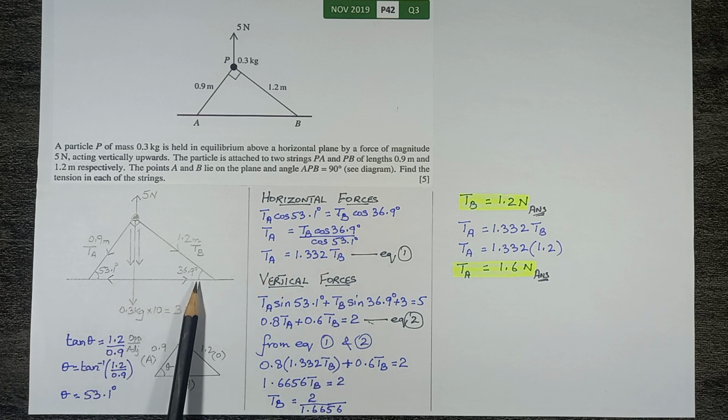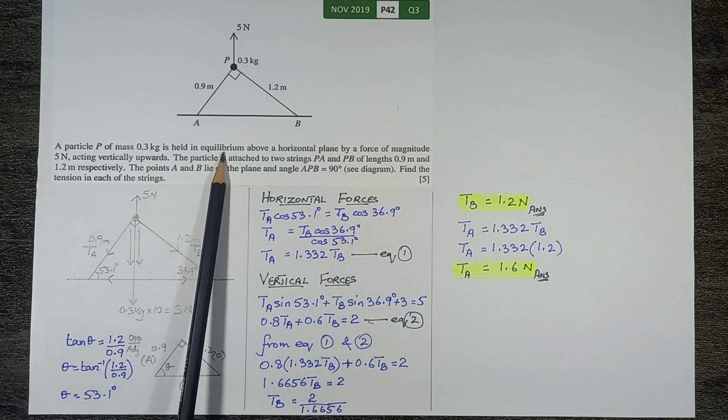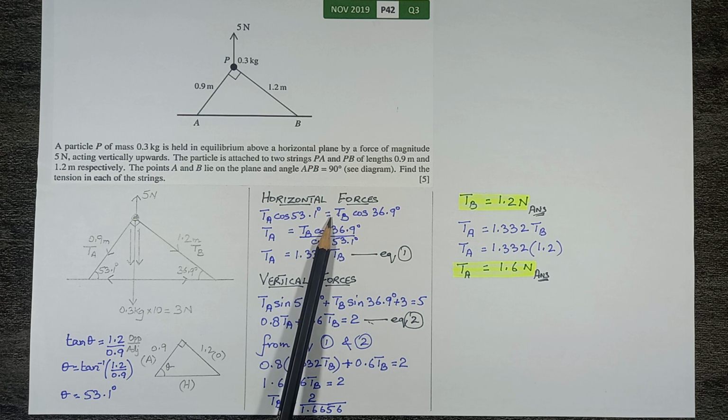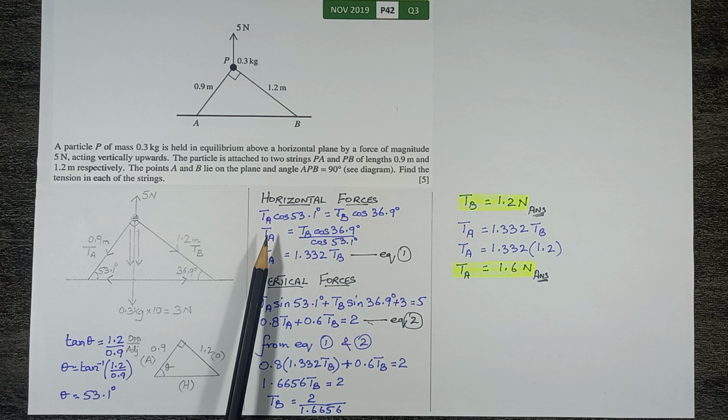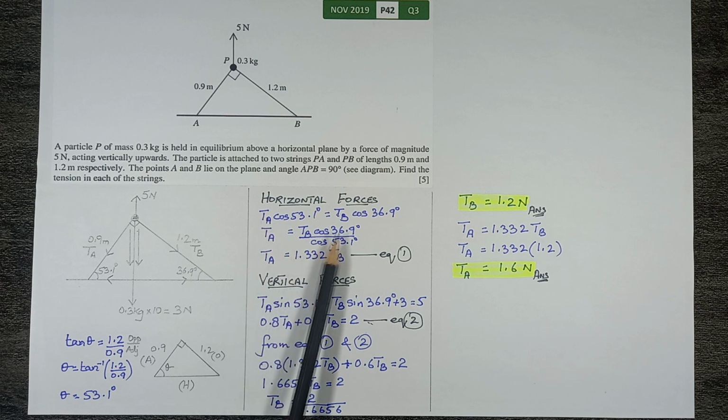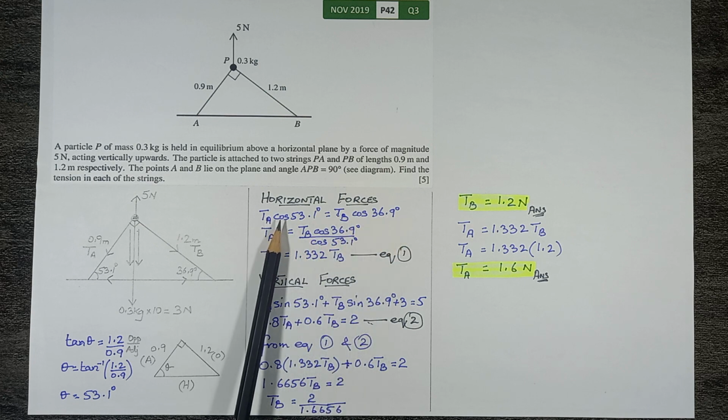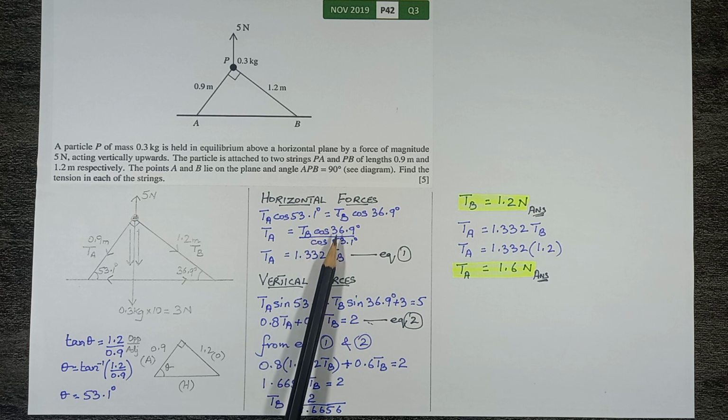Because both are in opposite direction and the condition is an equilibrium, we have made it equal. So after making it equal, we can create a condition for TA is equal to TB cos 36.9 divided by cos 53.1, and after dividing we have 1.332, and this is TB.